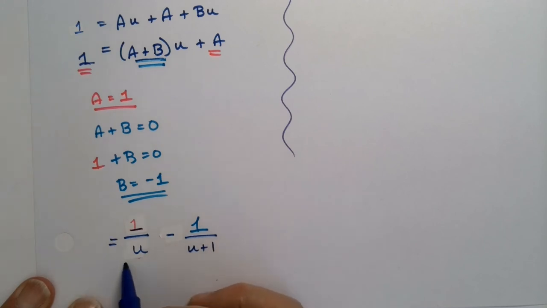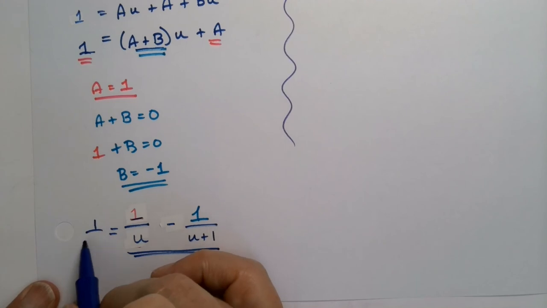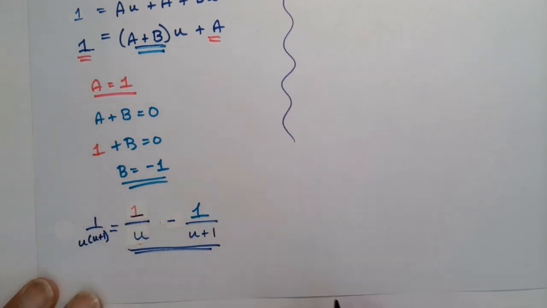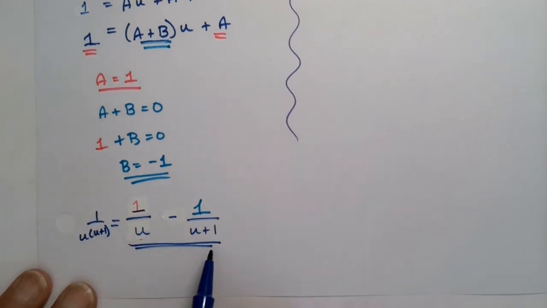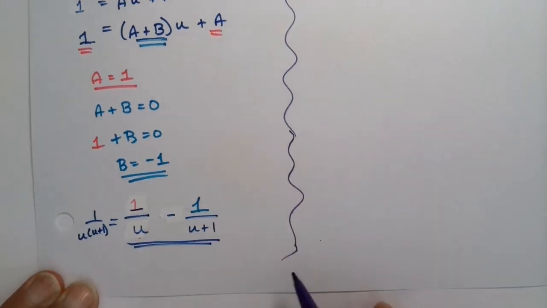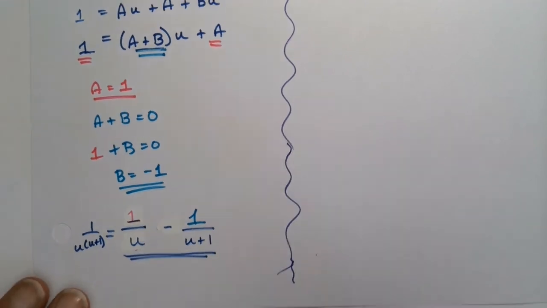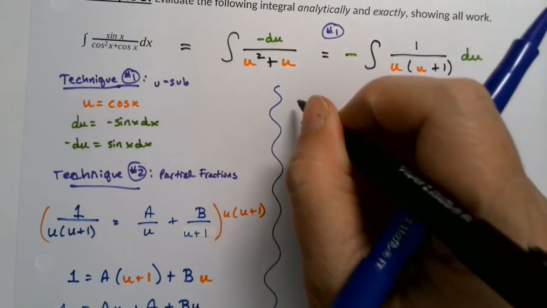That would be my rewrite of that fraction. I realized it wasn't really equal to anything, so I should at least write what it was equal to. Okay, so now I can take that and substitute back into the integral. So that would be technique number 2.